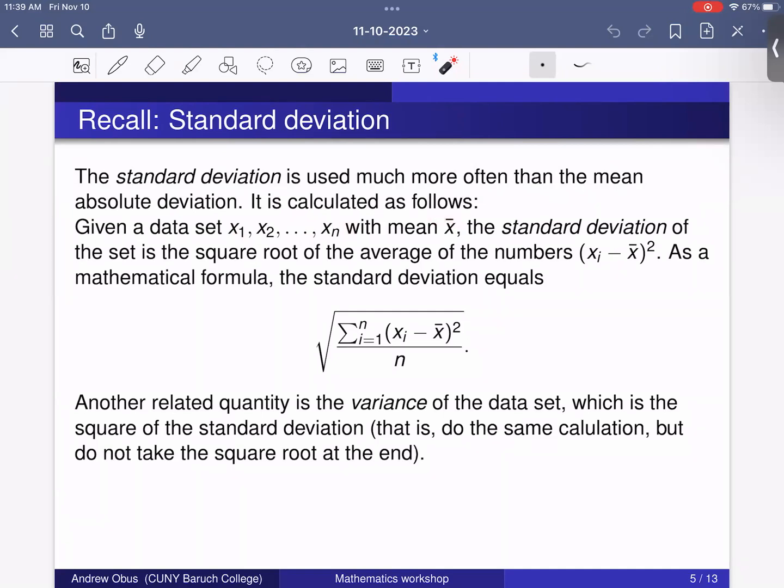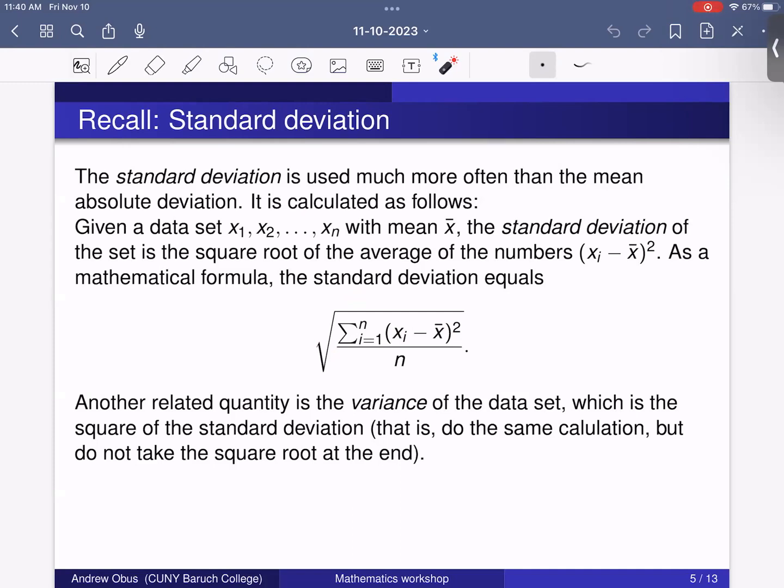Instead of taking the absolute values, adding them all up and dividing by n, we take all of the entries minus the mean and square them all. Then you add those all up and divide by n. So you're basically taking the average of the squares of the distances from the mean. And then, because you squared everything, you have to take the square root in order to get the standard deviation.